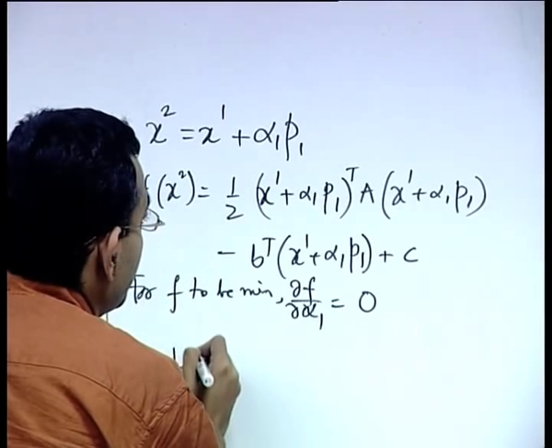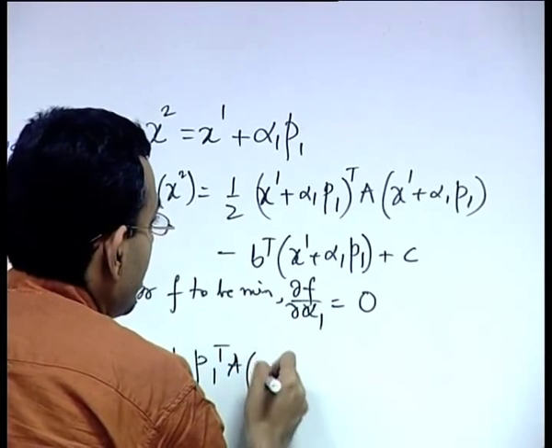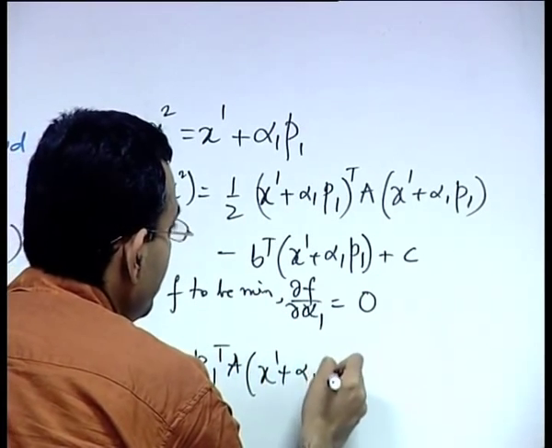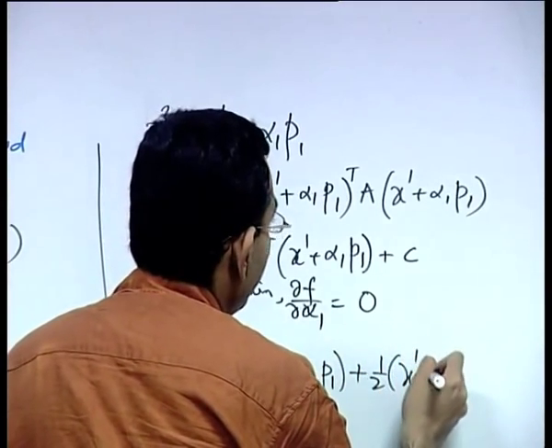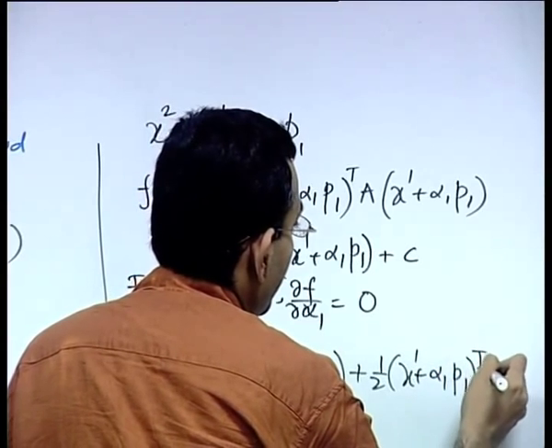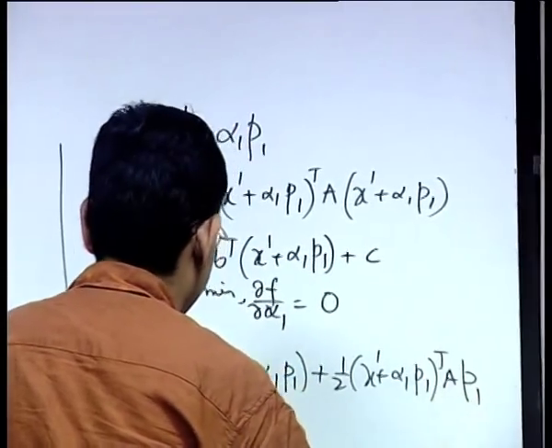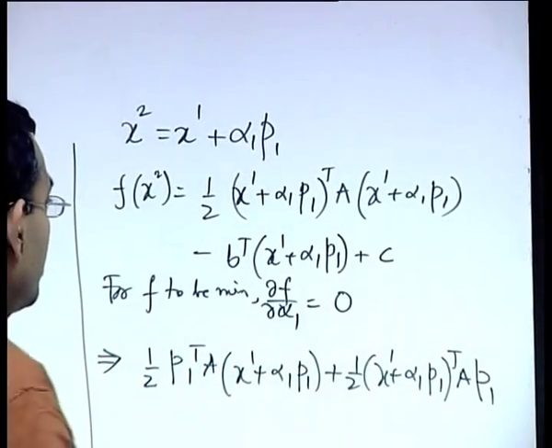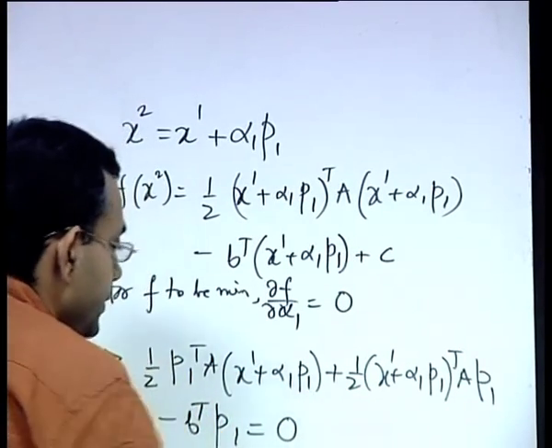Half of P1 transpose A (x1 plus alpha 1 P1) plus half of (x1 plus alpha 1 P1) transpose A P1 minus B transpose P1 equal to 0.